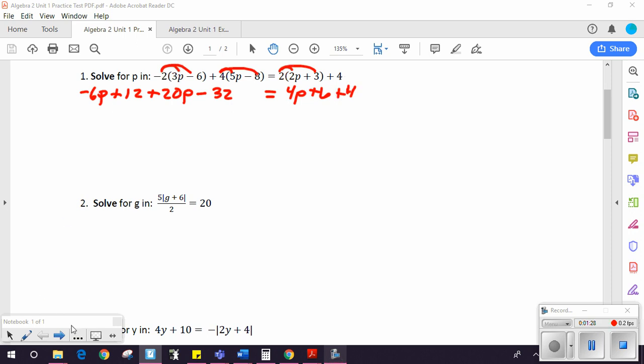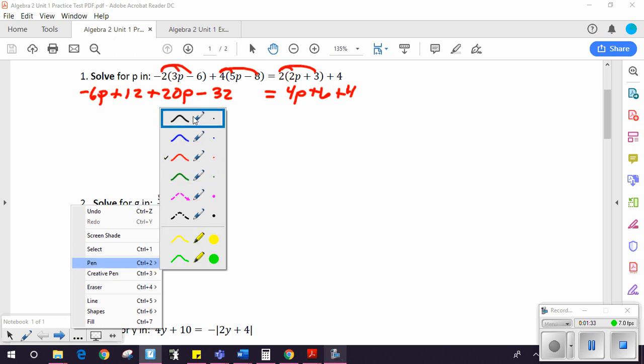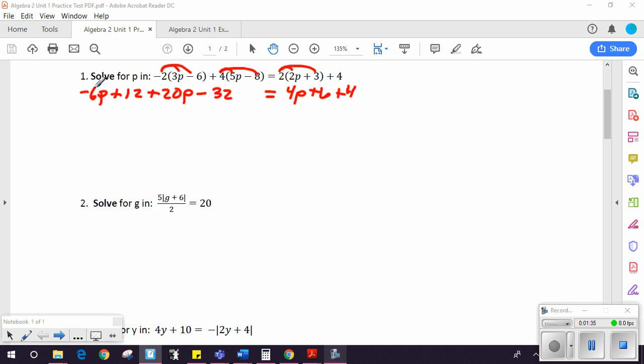I then would combine like terms that are on the same sides. First, I'm going to combine -6p with 20p, and I get 14p.